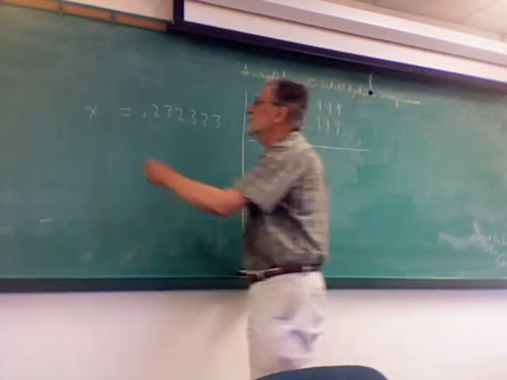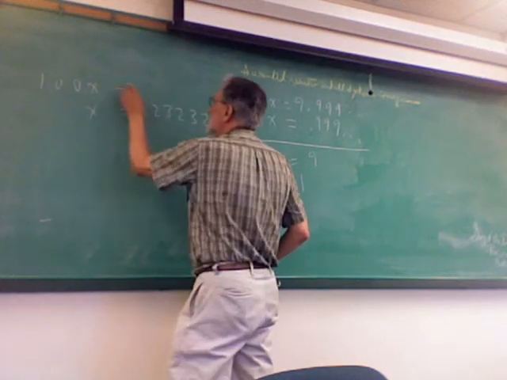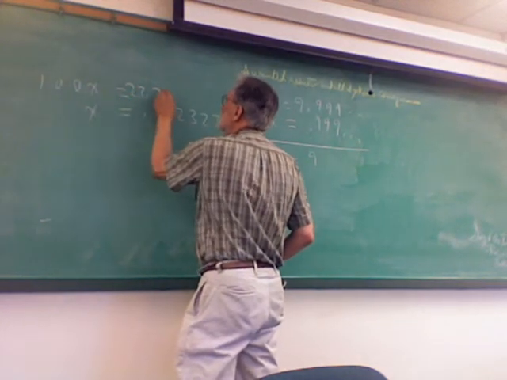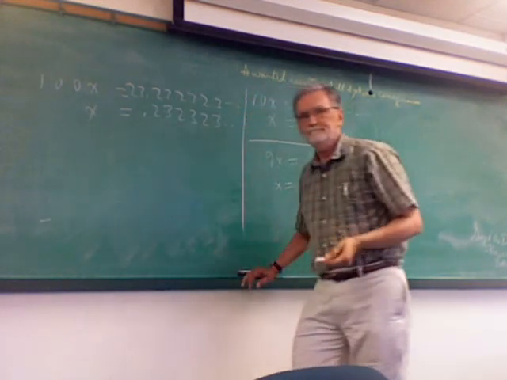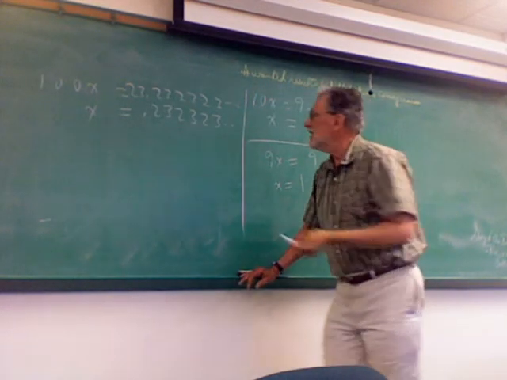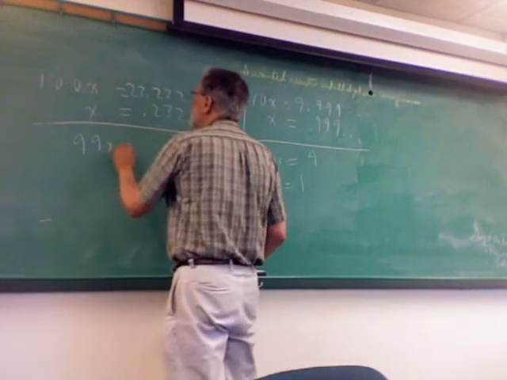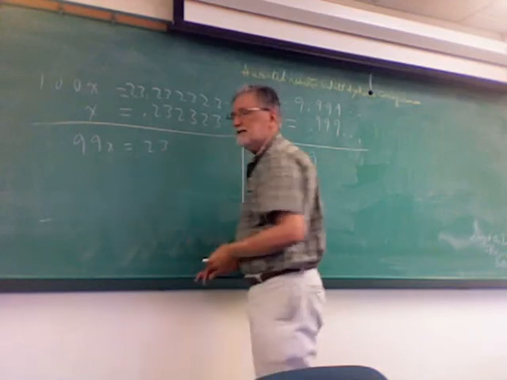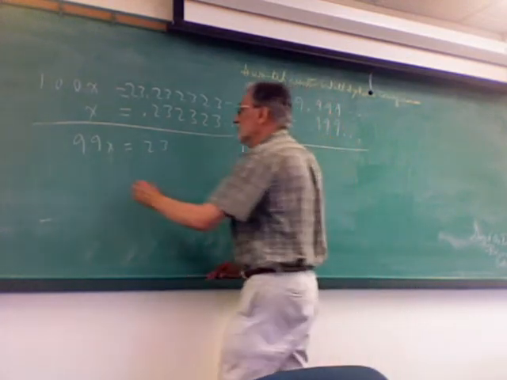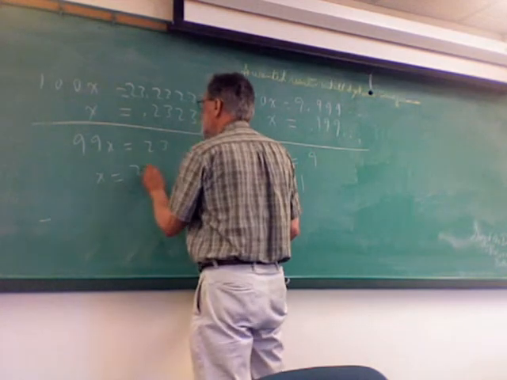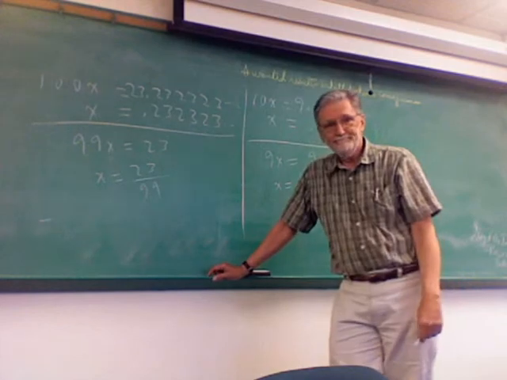I want to multiply both sides by 100. And I'm going to get 23.232323... Now when I subtract, I'm going to get 99x equals 23. So x is going to be 23 over 99. Told you it was a fraction.